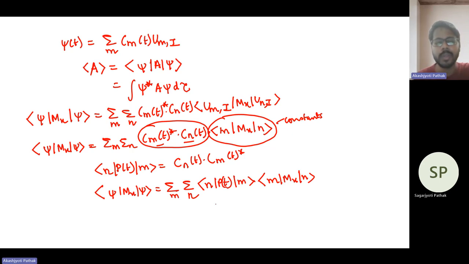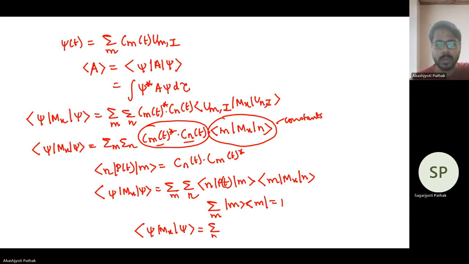Now what we know is that the summation over m becomes equal to 1. Since this becomes equal to 1, the equation reduces further, and we can write psi mx psi equal to the trace of rho mx.